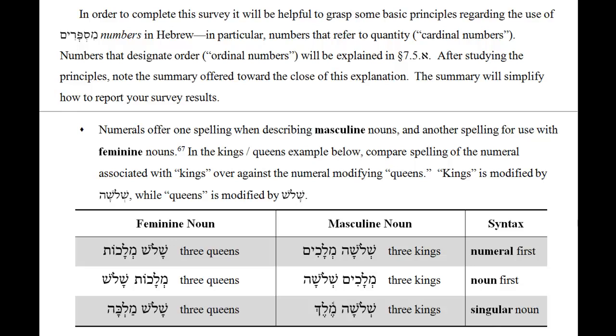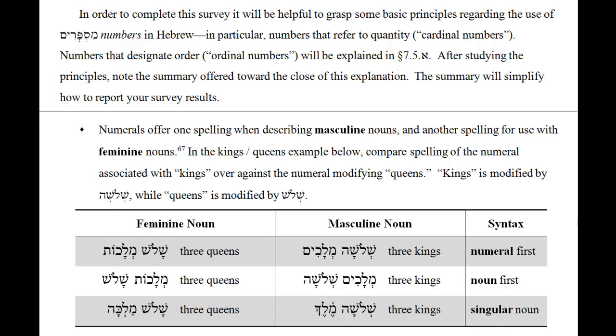For 3 kings, the word for 3 is shalosha. The phrase is shalosha melachim in the first line. If instead it's queens that you are counting, shalosh melachot. Principle 1 then is be sure to match the numeral with the gender of the item that you're counting.